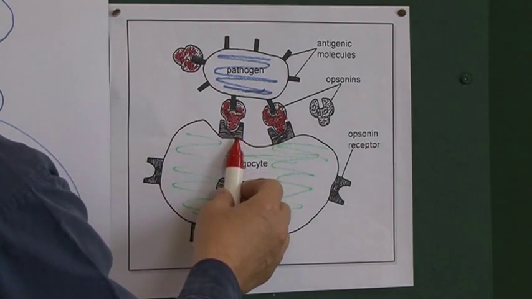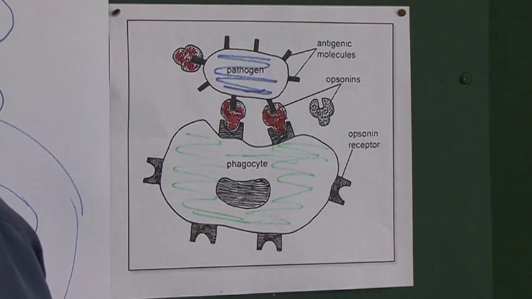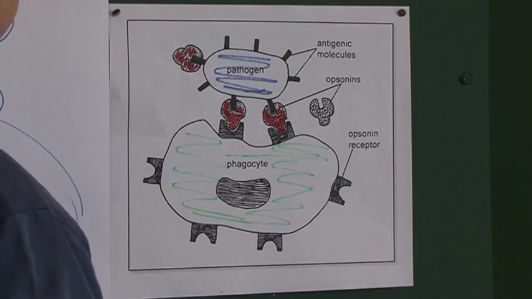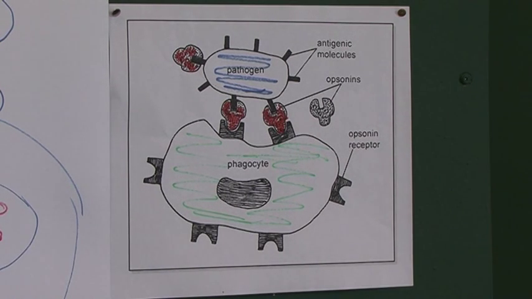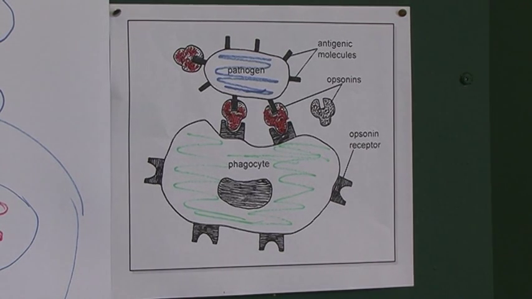The opsonins and the receptors, of course, in real life would be quite a bit smaller than this. So that's the process of phagocytosis, an essential mechanism of immunity to ingest and digest bacterial cells and viral cells, viral particles.